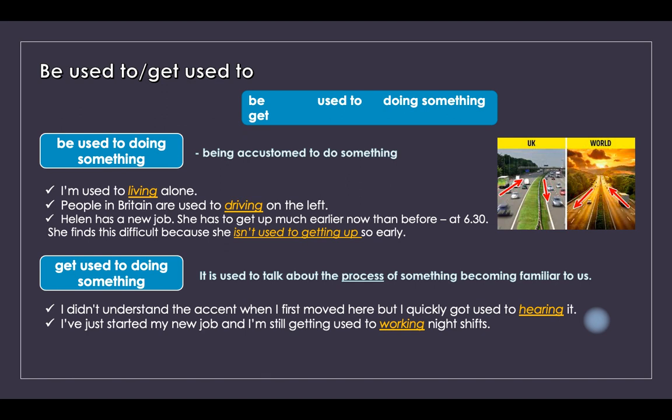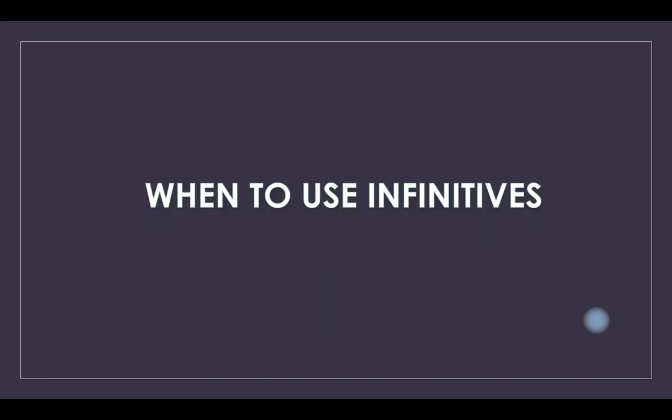Bunu duymaya alıştım. I've just started my new job and I'm still getting used to working night shifts. İşe yeni başladım ama geceleri çalışmaya alıştım. Evet, alışıyorum. This is what you use in Turkish for be used to and get used to. Just remember to use them with gerunds.